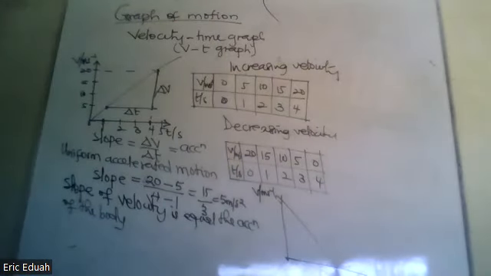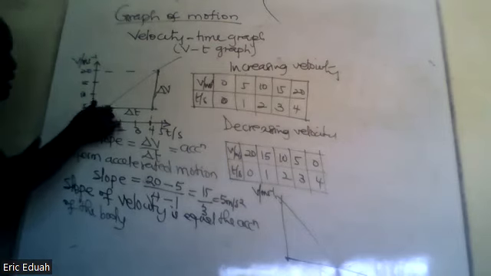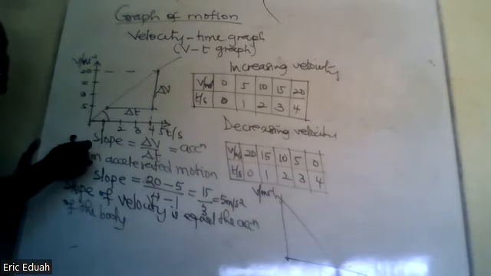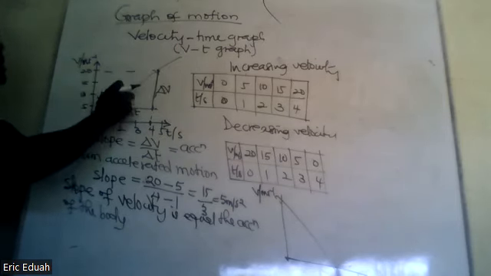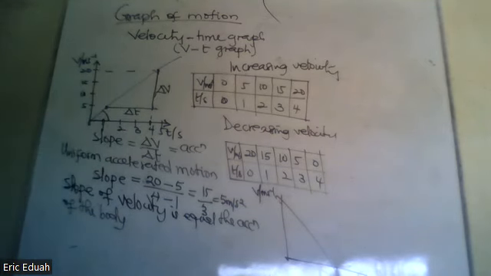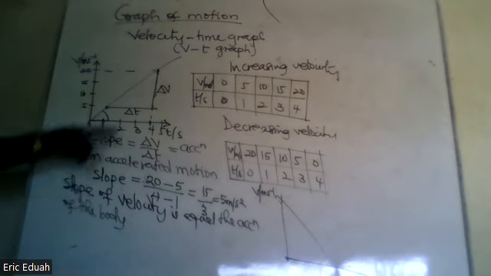You also have this. And here, because the angle that the graph makes with the time axis is constant, we say that the acceleration of the body, the slope, is also constant, or uniform.